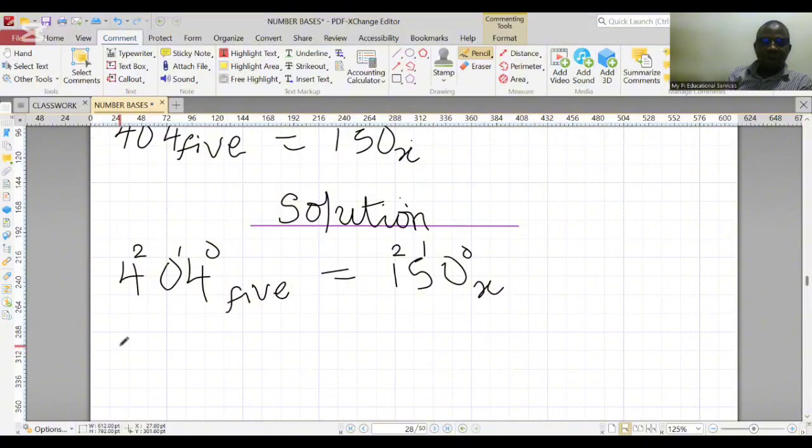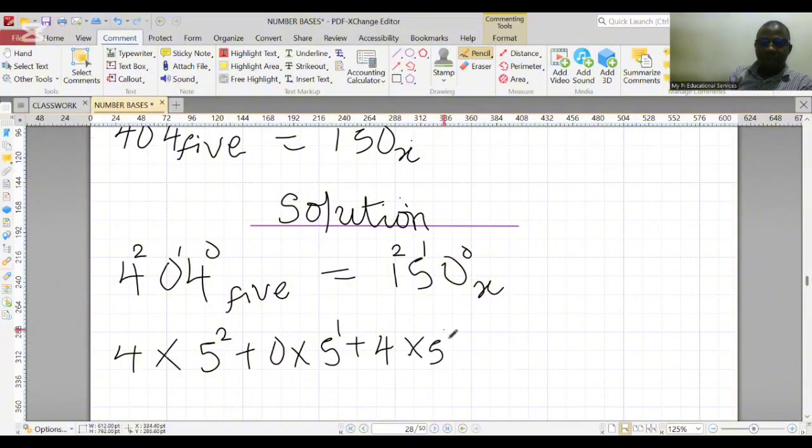So here we have 4 multiplied by 5 squared plus 0 multiplied by 5 raised to the power of 1 plus 4 multiplied by 5 raised to the power of 0 equals 1 multiplied by x raised to the power of 2 plus 5 multiplied by x raised to the power of 1 plus 0 multiplied by x raised to the power of 0.